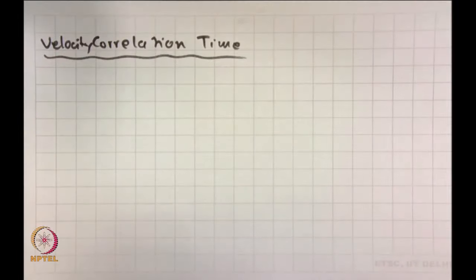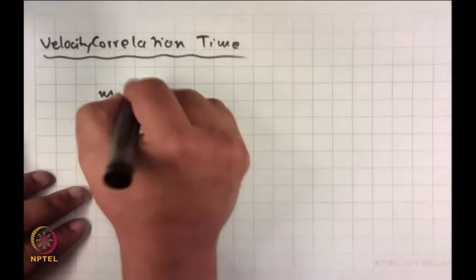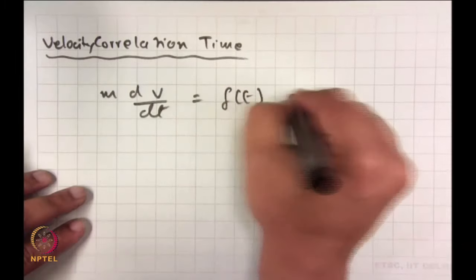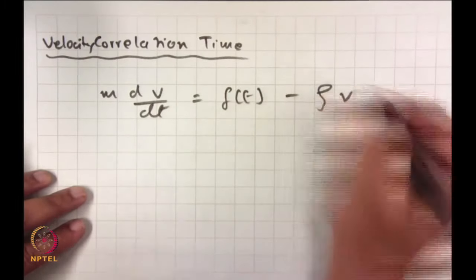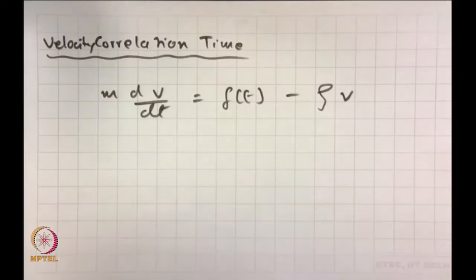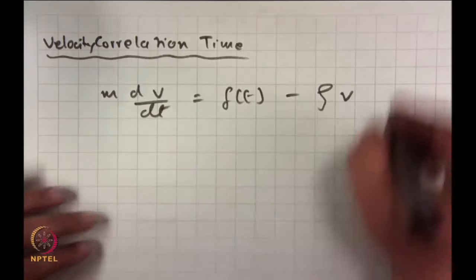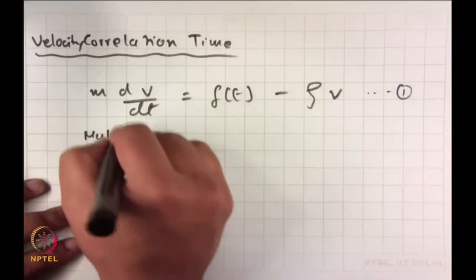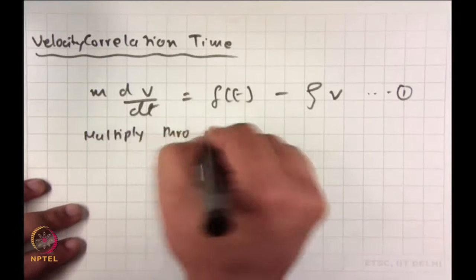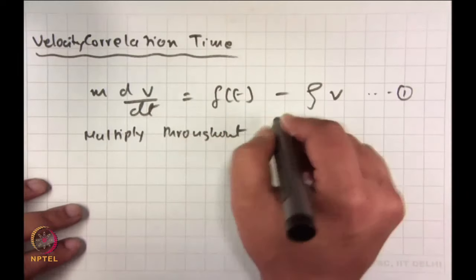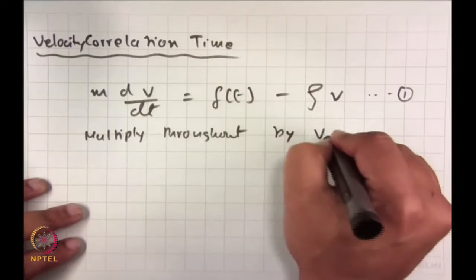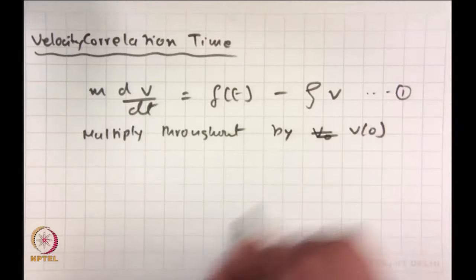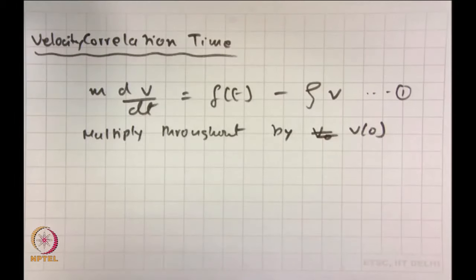Now, what we do is we again start with, as I said, the Langevin equation, times V. Okay. Now, what I do is, this was equation number 1, I am writing it again. Now, what I do is multiply throughout by, not V naught, just write V 0, because that is what I said. Okay.